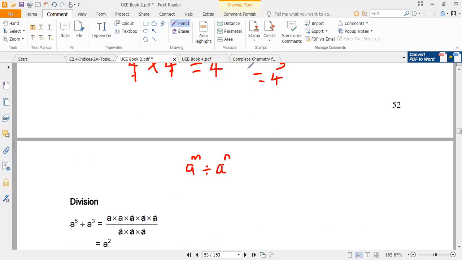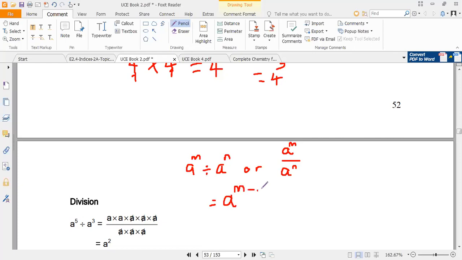A power m divided by a power n. If you are dividing indices like this, according to this law of indices, if the bases are the same, you keep the base and then you subtract the powers.